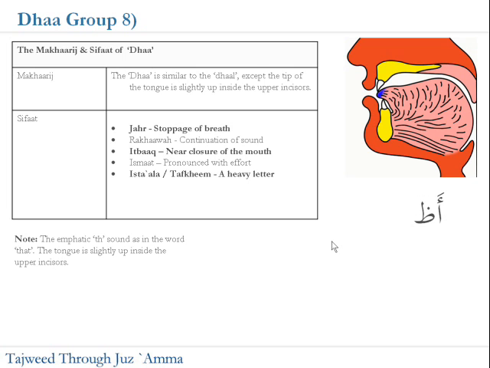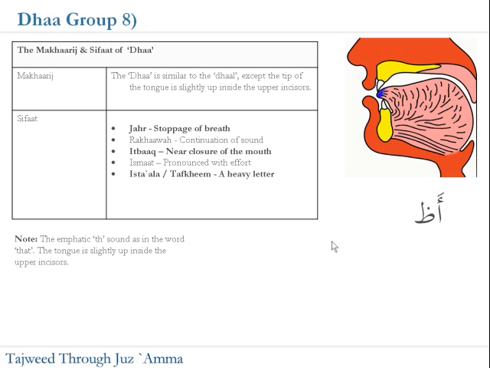So you basically move the tongue up onto the inside of the upper incisors, and what happens here is there's a complete stop of sound when it's sakin, and the letter sounds heavy. So this would be adh, adh, and when you vowel it, it'll be dha, dhi, dhu. Okay, and this again takes practice.